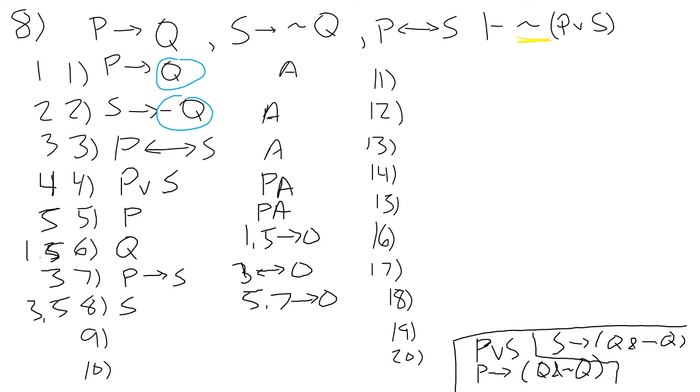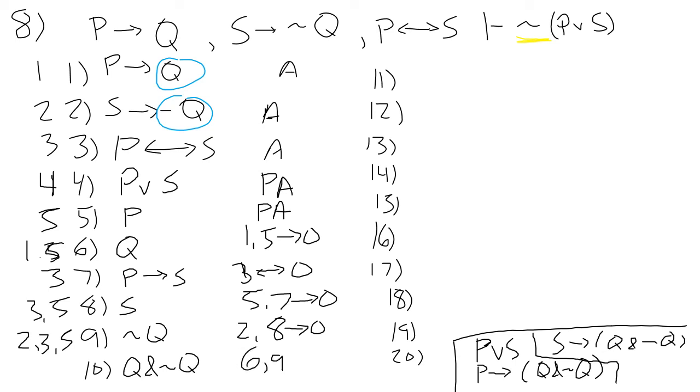And now we can get our tilde Q from 2 and 8, arrow out, 2, 3, and 5. Then we can put that together from 6 and 9, ampersand in. So that is one of our, let's see, 6, 9, 1, 2, 3, 5.